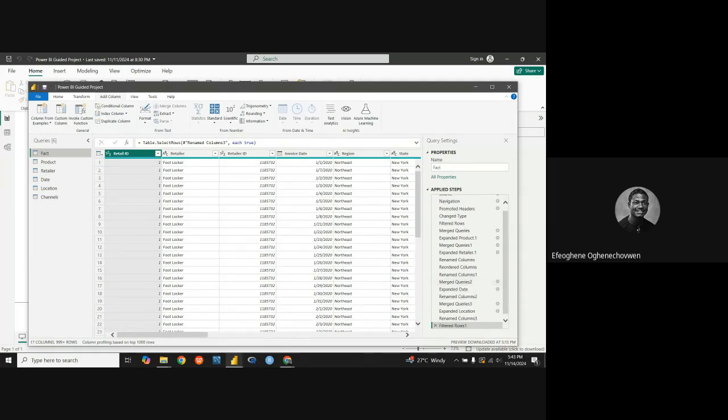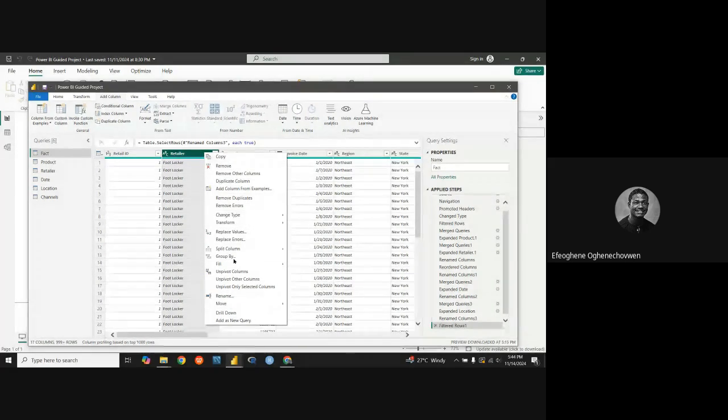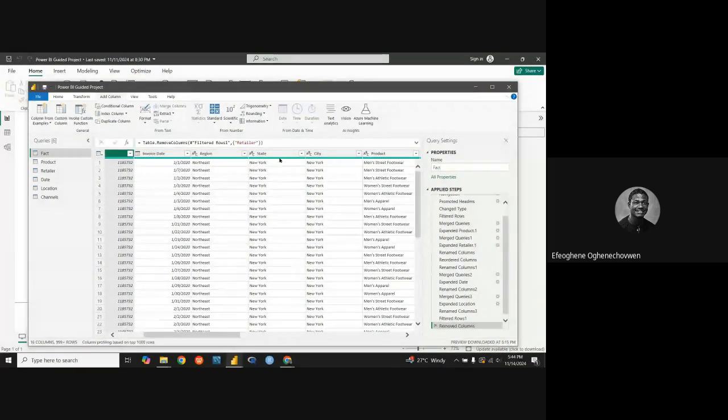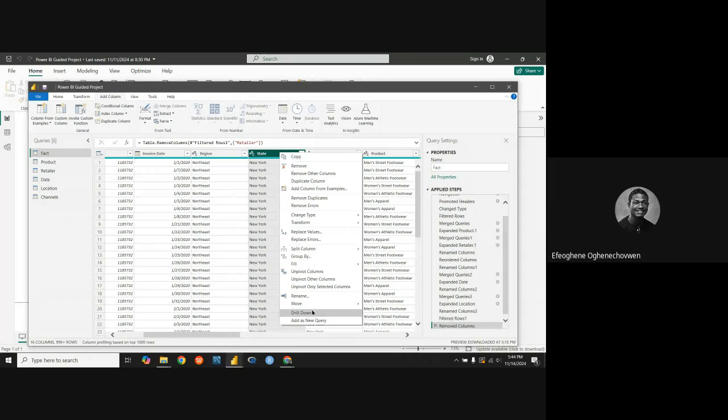So we can see retailer. I can get rid of this if I want to. I can remove it. I just want my tables to contain just numeric. So I don't need this again here. It's optional. You can leave it. Remember the data set we worked with when we started Power BI and DAX. I left all of those things there.